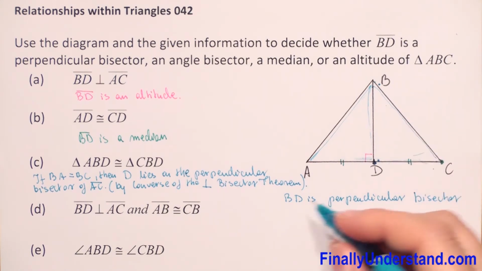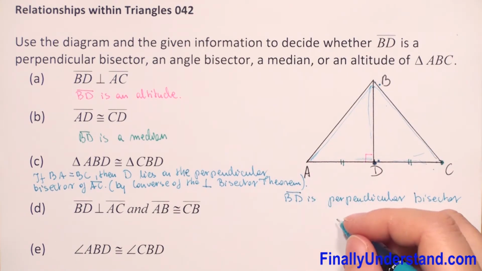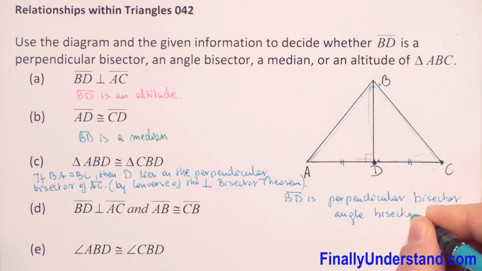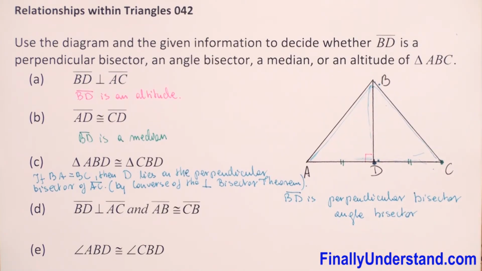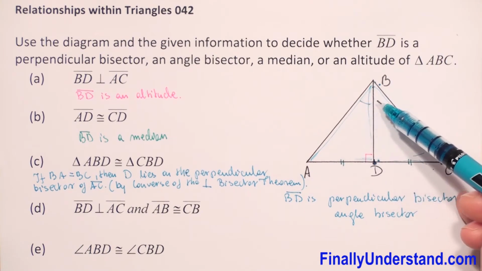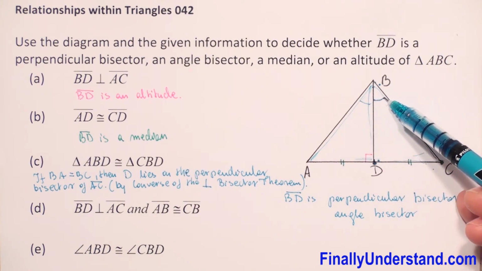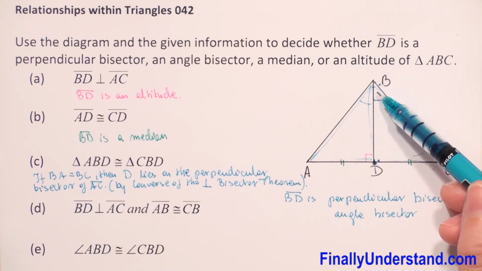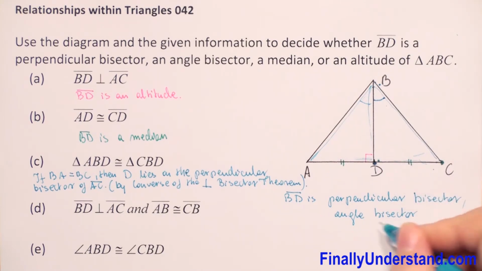So segment BD is also an angle bisector. By the definition, an angle bisector is a segment that divides an angle into two congruent angles, because this angle is congruent to that angle since these two triangles are congruent. So BD is an angle bisector.